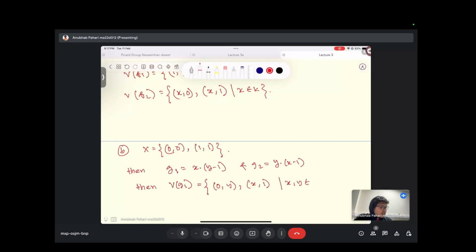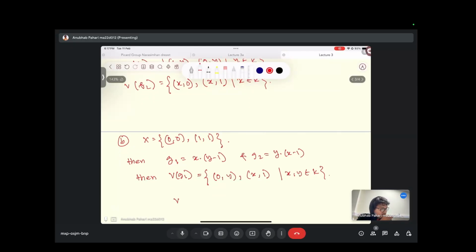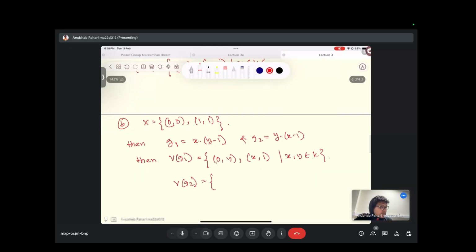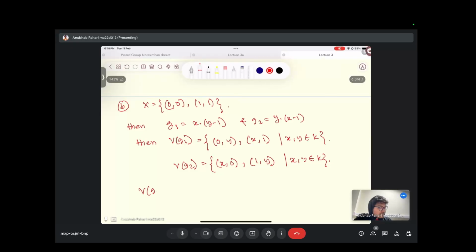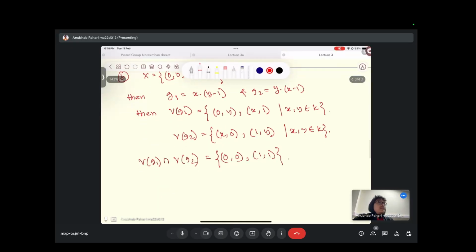In both cases x and y come from k. And V(g2) can be (x, 0) and (1, y), where in both cases they come from k. So V(g1) intersection V(g2) should be only (0, 0) and (1, 1).